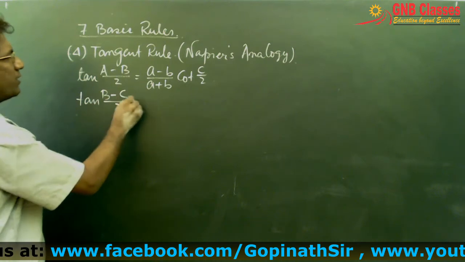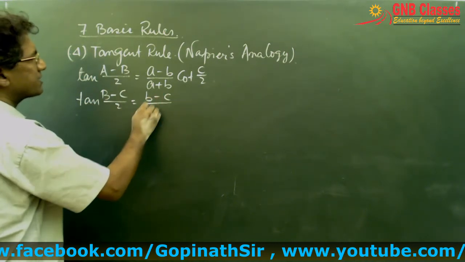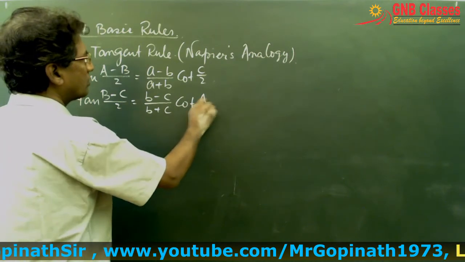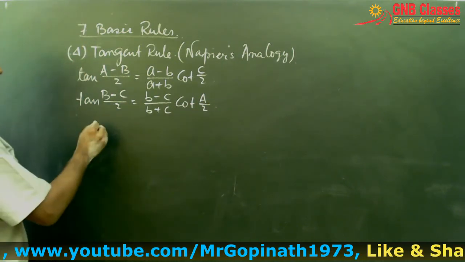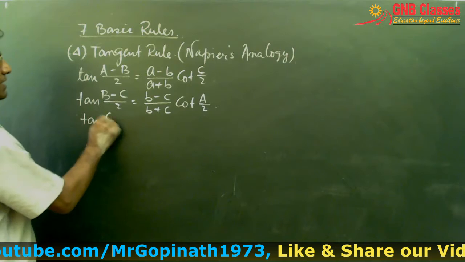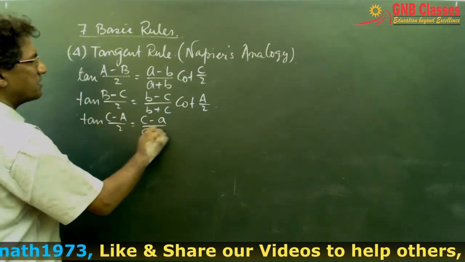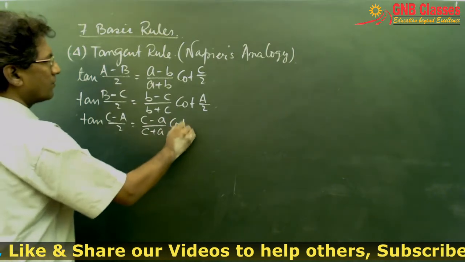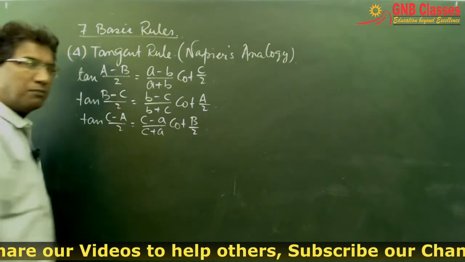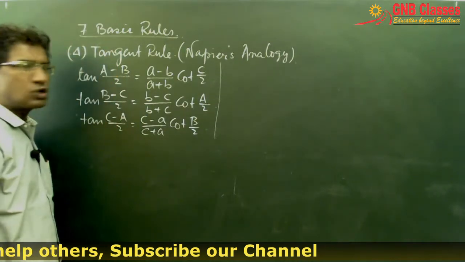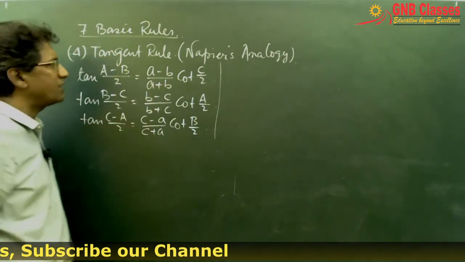Tan (B minus C)/2 is (B minus C)/(B plus C) cot A/2. And tan (C minus A)/2 is (C minus A)/(C plus A) cot B/2. Is it clear? So this is what is called your tangent rule. I will prove one, the rest you can do by yourself.